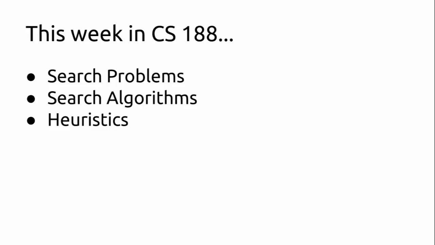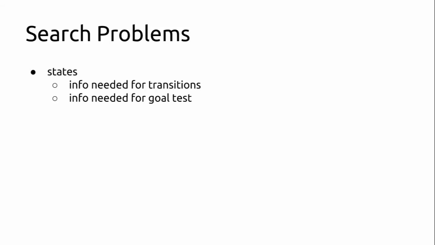So let's start with search problems. Okay, so a search problem is composed of a couple of different parts. First, we have the states for the search problem. And these states are going to be an abstracted representation of the world state, which is going to include the minimal possible information that you need to perform your transitions and to perform your goal test.